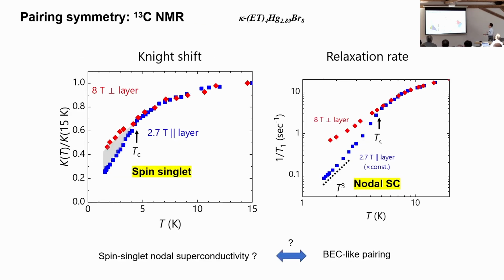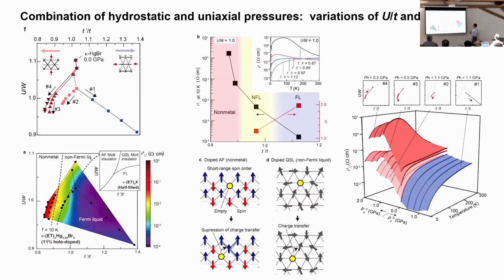We recently did pressure experiments where we combined hydrostatic and uniaxial pressure. This is a very sophisticated method, and by very simple assumptions we calculated the transfer integral and the band structures as a rough estimate, and then U over W and t prime over t.